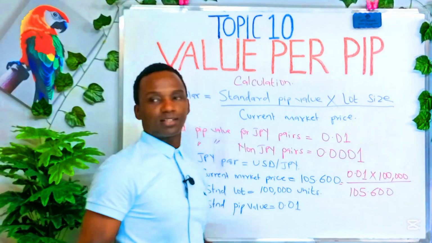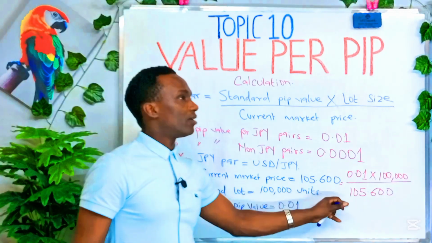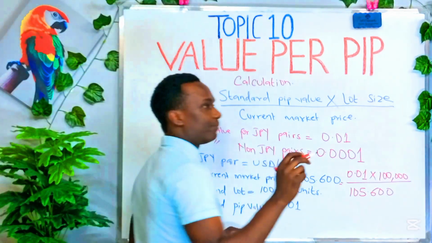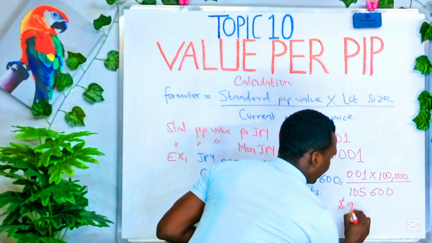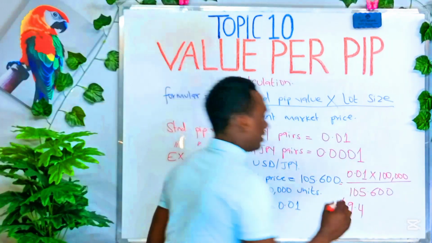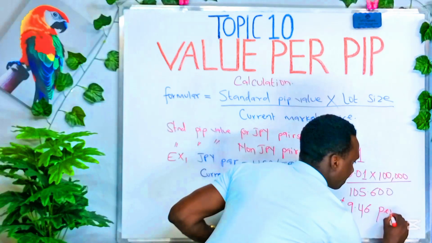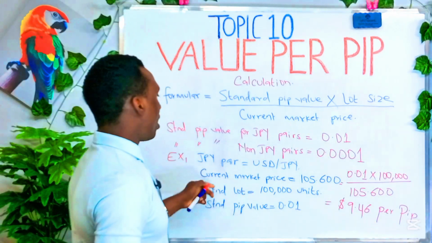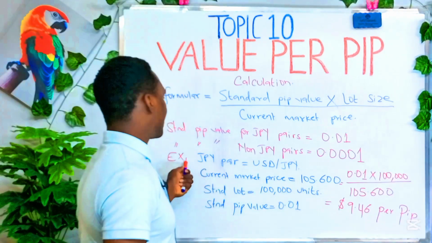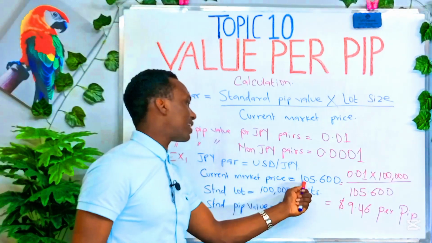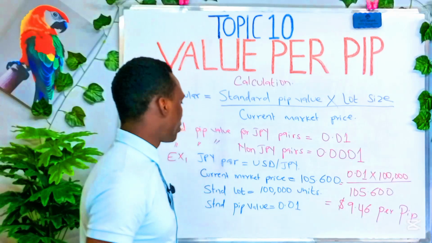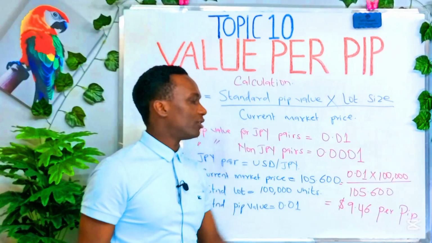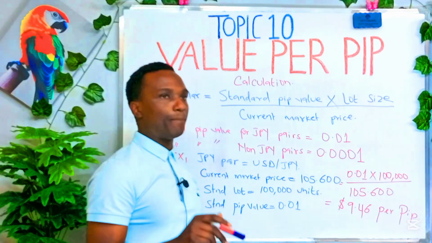Who will calculate this fast and tell us what you get? It is, yes, 9.46 dollars per pip. Good. So our value per pip in this case, when the current market price is at 105.600, equals 9.46 dollars per pip.